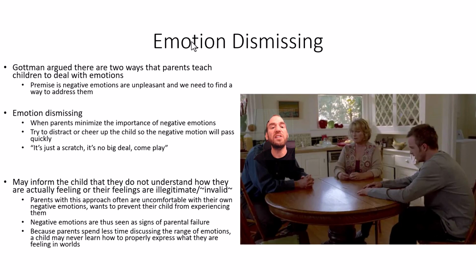This may inform the child that they do not understand how they are actually feeling, or that their feelings are illegitimate or invalid. Parents with this approach often are uncomfortable with their own negative emotions, and they want to prevent their child from experiencing them. Negative emotions are thus seen as signs of parental failure. Because parents spend less time discussing the range of emotions, a child may never learn how to properly express what they are feeling in words.